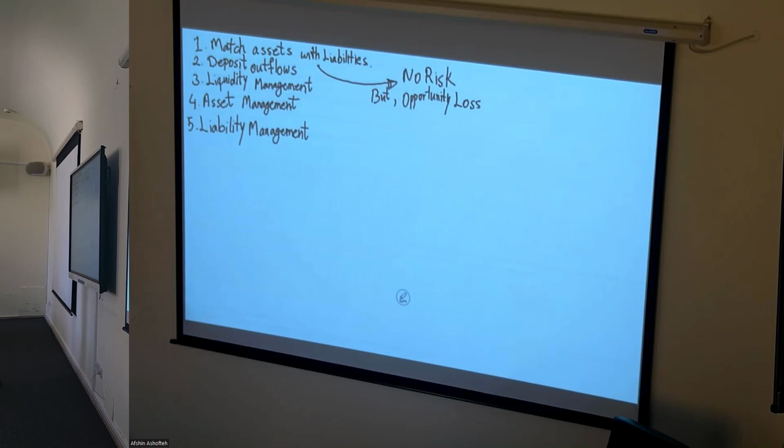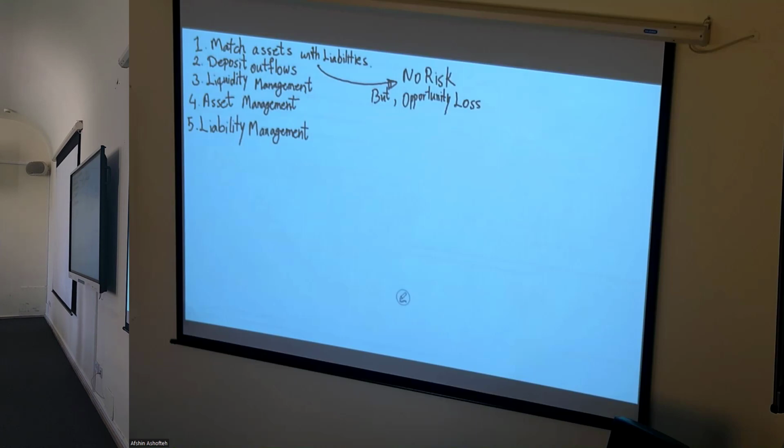And for deposit outflows, we have risk, of course, to the bank because of the deposit outflows, but for the first one, we might lose some opportunities that is also important to take into consideration.